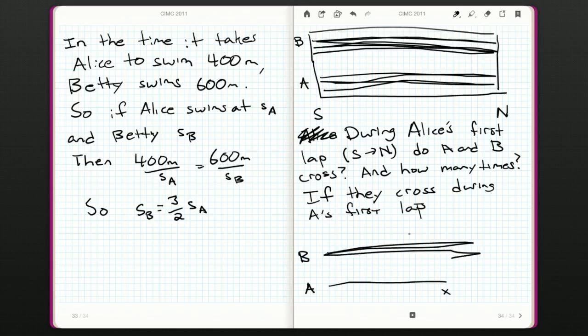So she'll have gone 100, 200, maybe 300, 400, some multiple of 200. Then she'll have gone a distance of 100 and she'll have come back. So Betty will have swum a distance of 200n, some number of full laps, S to N and N back to S, plus 100 minus X. Okay.